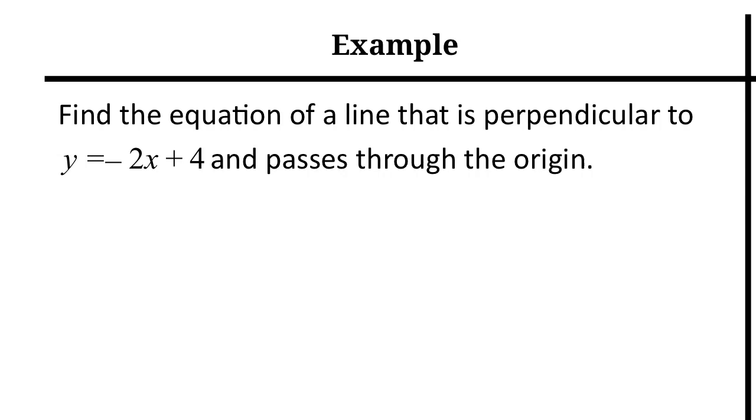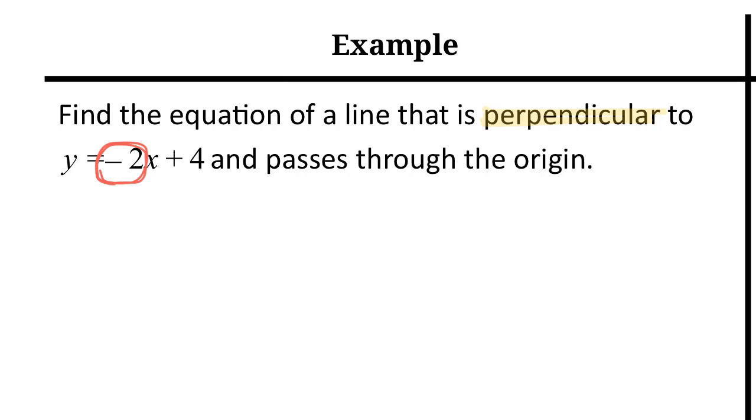The first thing that stands out to me is the word perpendicular. So once I see this word, I know that I need to come up with a slope that is going to be the negative reciprocal of the slope that was already given to us. They did give us an equation of a line to work with, and in this particular equation, the slope of the line is -2.